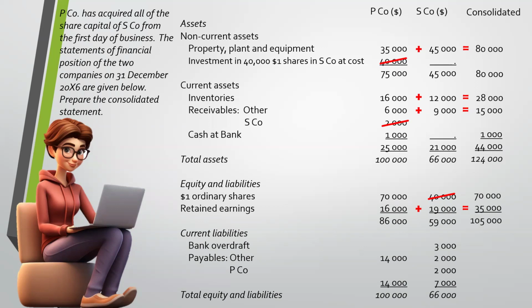In this example, the reason why we summarize it all is that the company was acquired from the day it was created. Bank overdraft is summarized. Accounts payable does not include the amount receivable by the parent company, and other payables are summarized. Finally, our consolidated statement is ready.